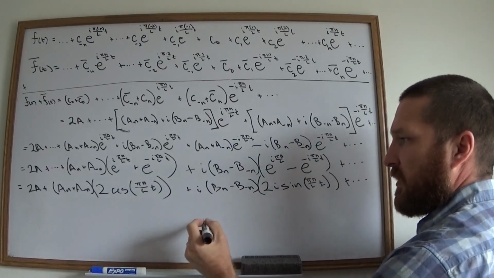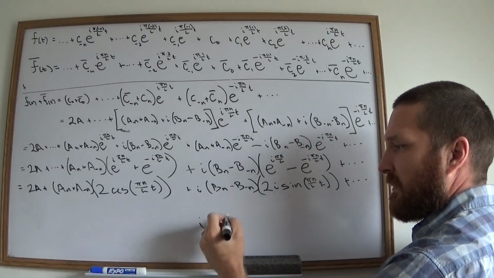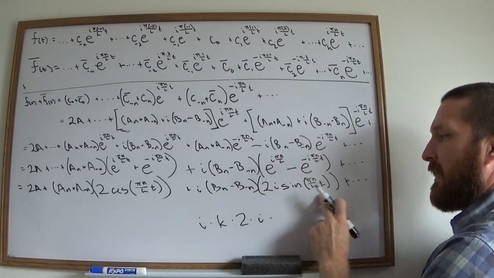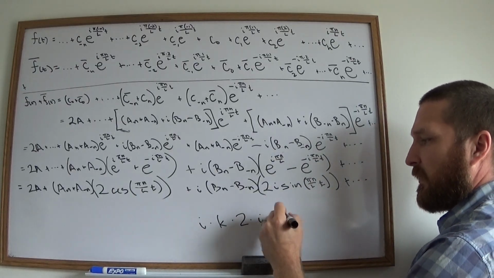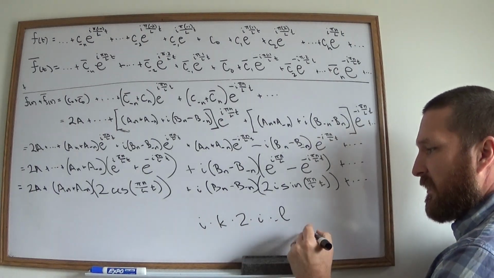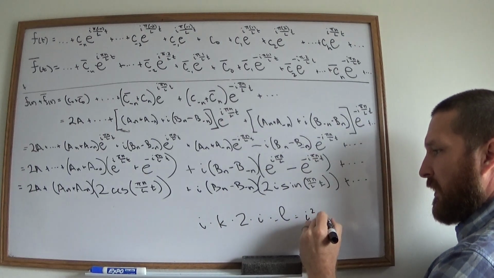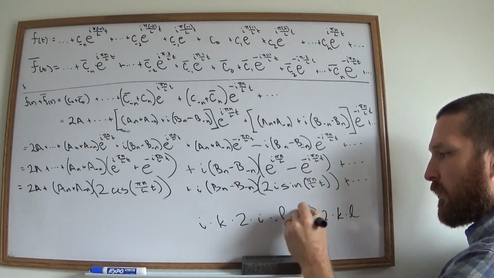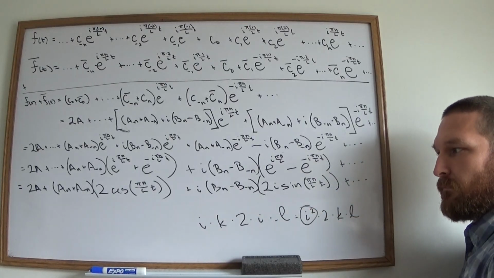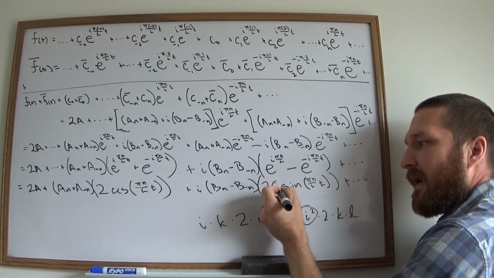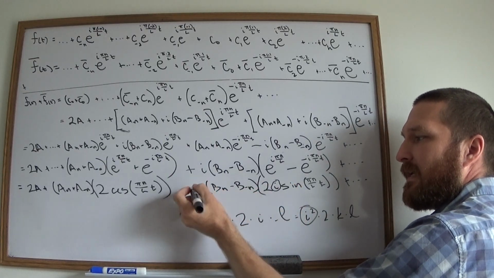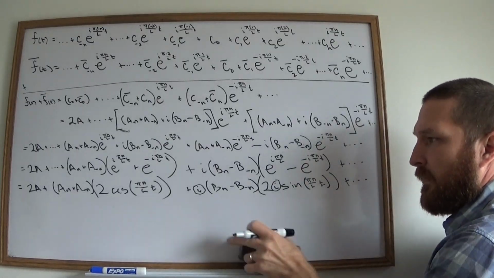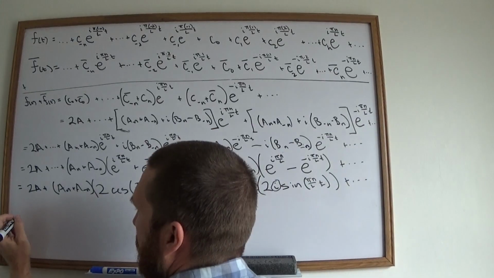So this is just i times some number, call it k, times 2 times i times sine of some other stuff, which is some other real number, call it L. Okay, that's the same thing as i squared times 2 times k times L. i squared is just a negative 1. So I'm going to take this i here, this i here, put them together as i squared and make it negative. Okay, so what do we have?